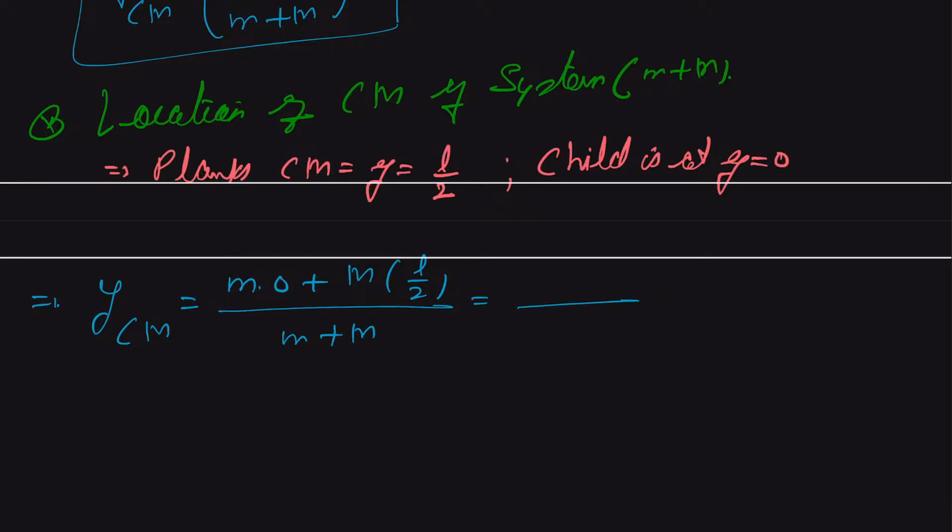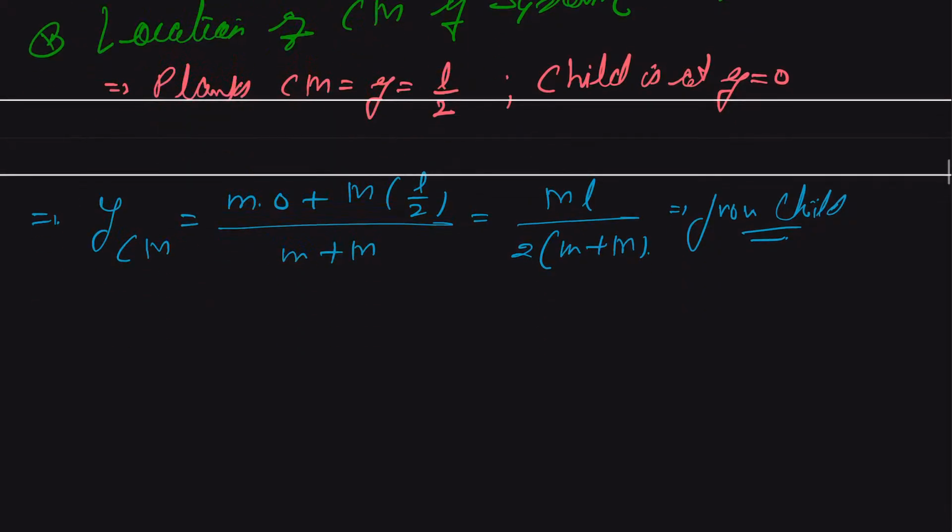So this comes as capital M L upon twice m plus capital M. Okay. So you have to remember this is the distance from the child, and the distance from the Plank's center of mass we can easily find out now.